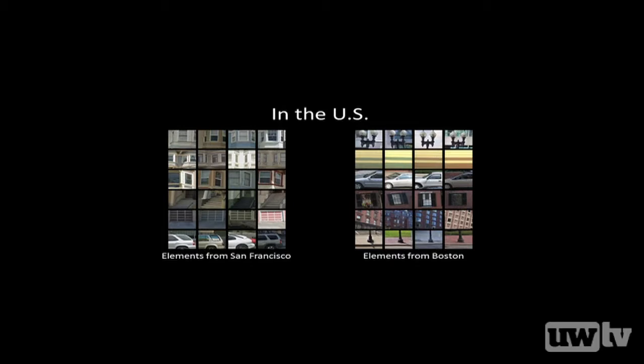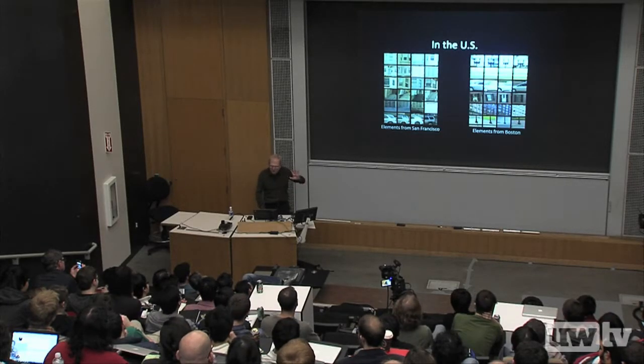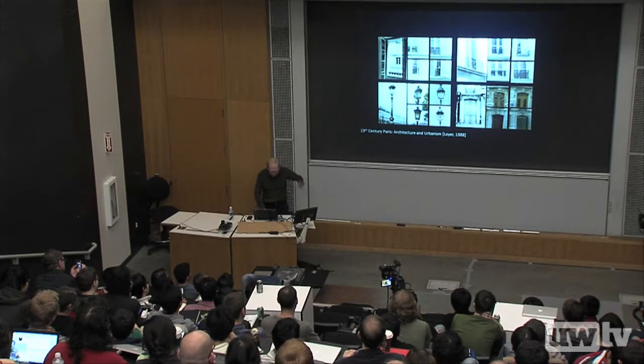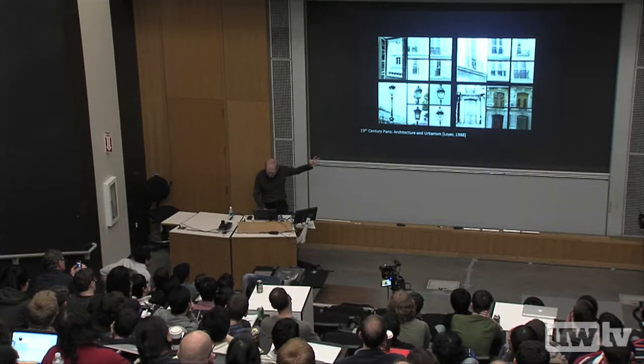We thought, okay, let's look at the distinct cities, San Francisco, Boston. In Boston, it found the gas lamps that are very typical of Boston. But then a lot of it is still cars and garages and all these driving things, right? So it didn't quite work there. But for European cities, it works really well. It matches up to architecture descriptions in textbooks.